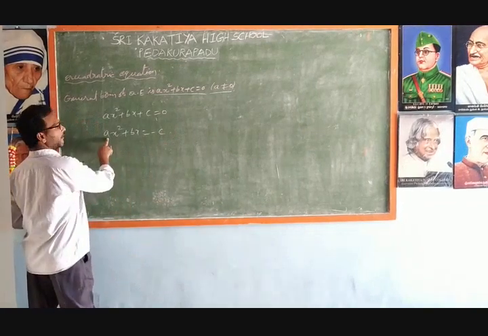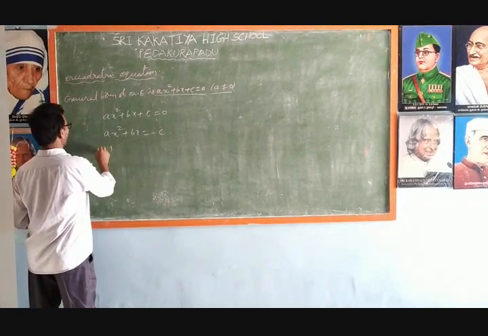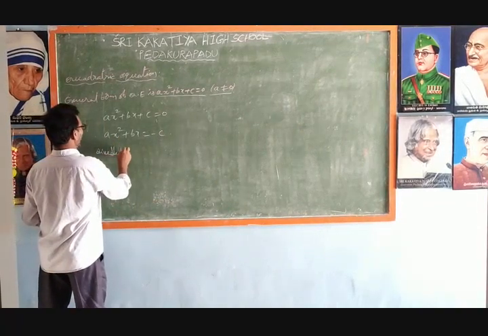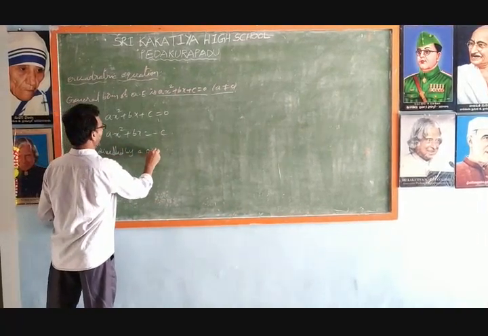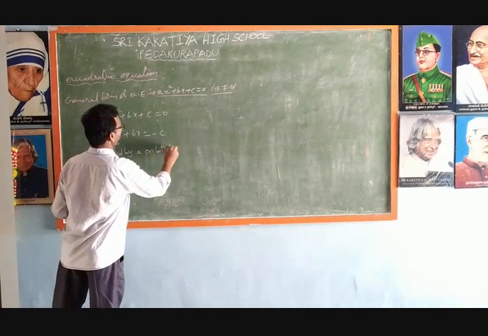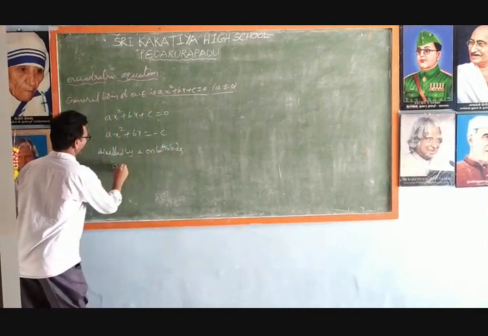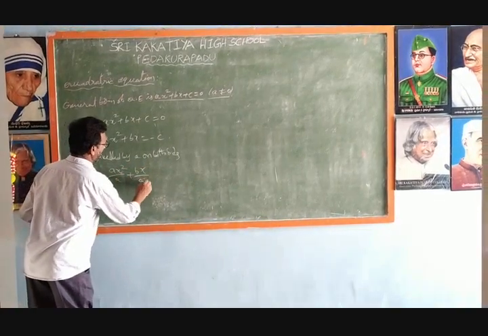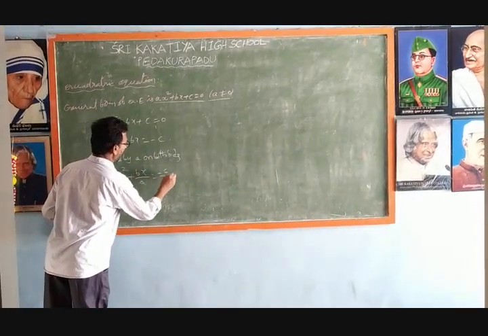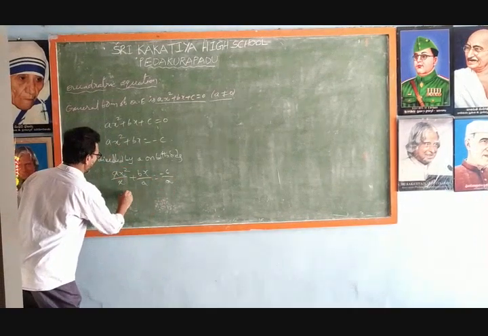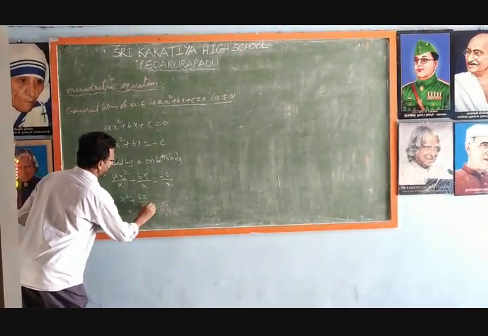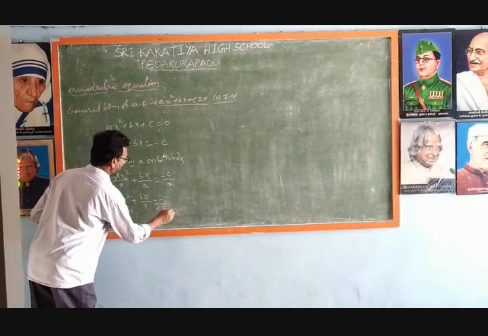Now we divide by a on both sides: ax square by a plus bx by a is equal to minus c by a. The a cancels. X square plus bx by a is equal to minus c by a.